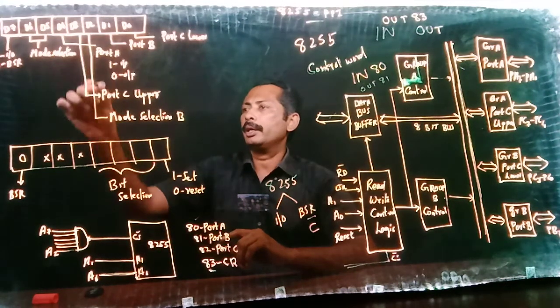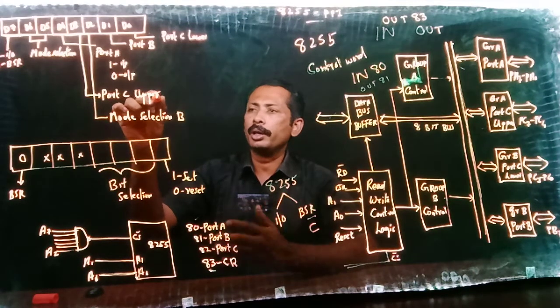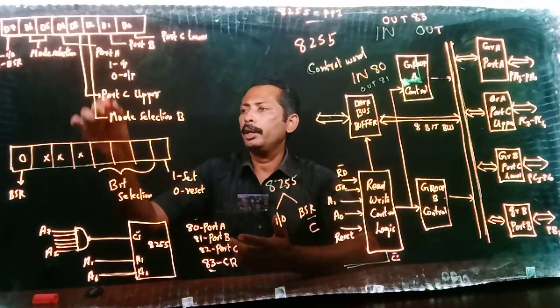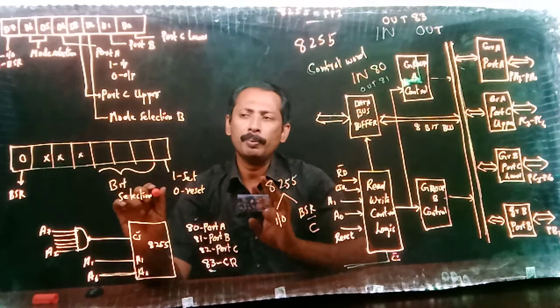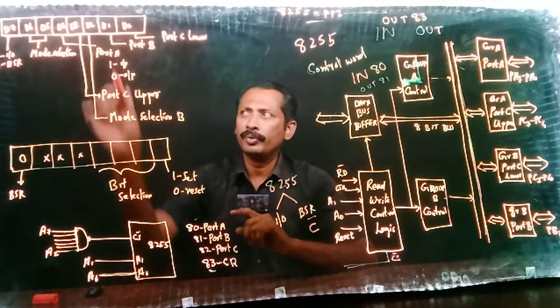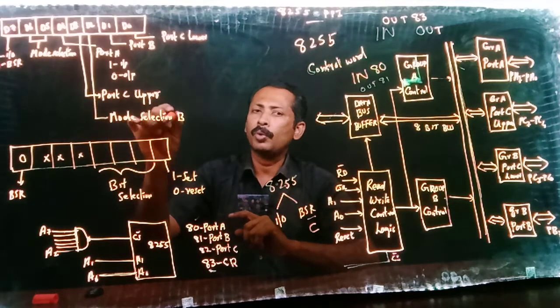Then D3 indicates port C upper. If it is 1, port C upper works in input mode; if 0, output mode. Then D2 is the bit for mode selection of group B. Since group B has only 2 modes, you can give 0 or 1 there. If it is 0, it works in mode 0. If it is 1, it works in mode 1.